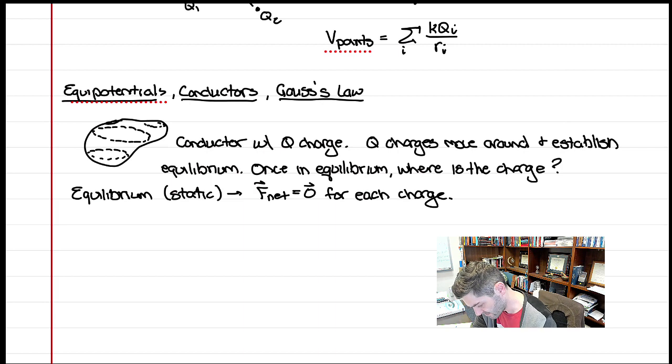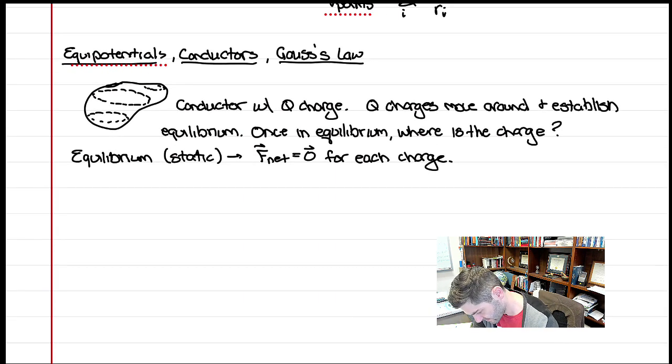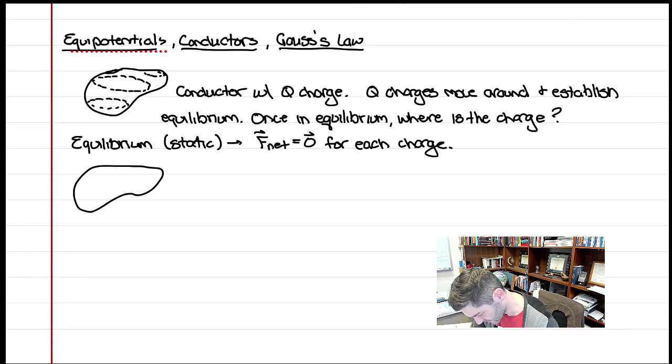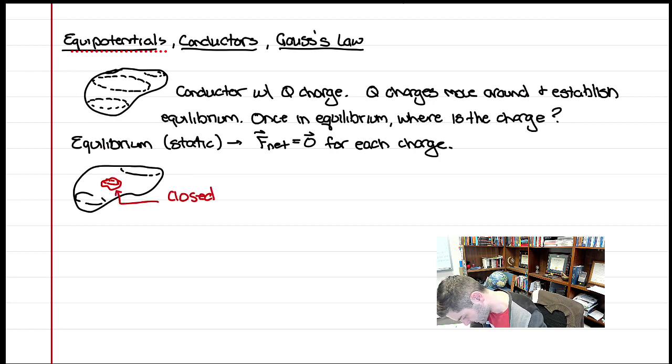So let me pick some arbitrary location inside the conductor, and let me draw a random little Gaussian surface somewhere that's entirely within the conductor. So this is some sort of closed surface entirely inside the conductor.